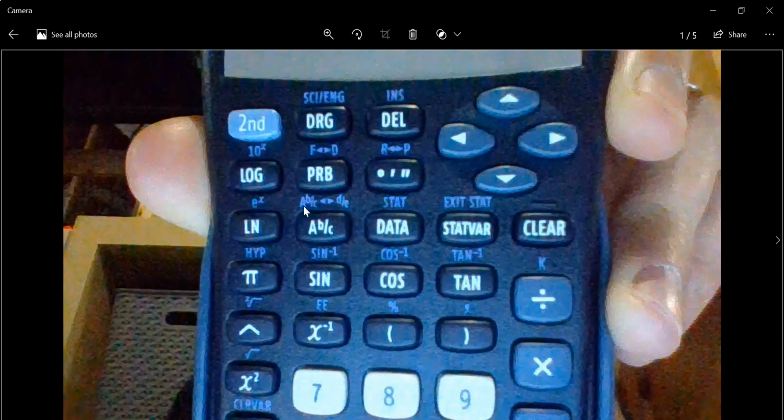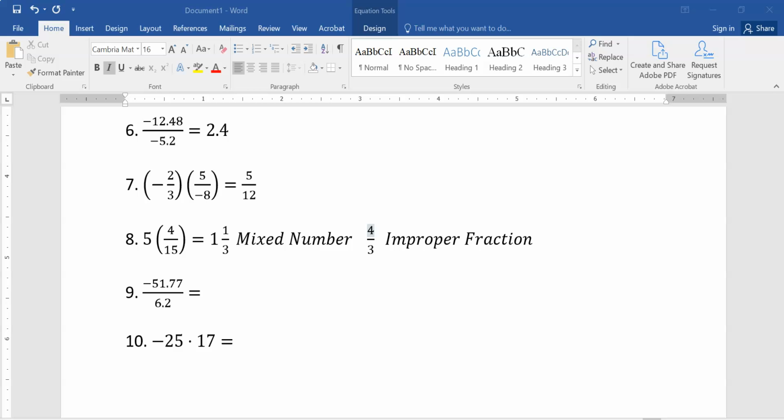If you hit second, ABC, DE, that changes it back and forth between the mixed number and the improper fraction. Hopefully we all know that mixed number simply means I have a whole number part plus a proper fraction on it. Improper fraction is numerator bigger than the denominator.